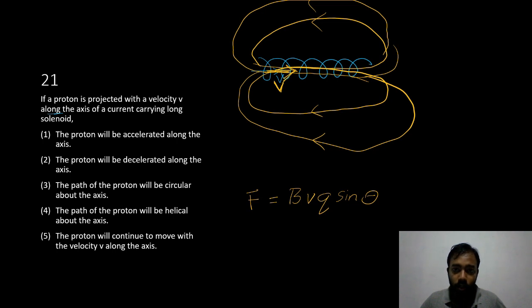And here, as this is parallel, sin theta will be 0, so there will be no force acting on this. So the proton will continue to move with the same velocity v along the axis. So the answer will be answer number 5.